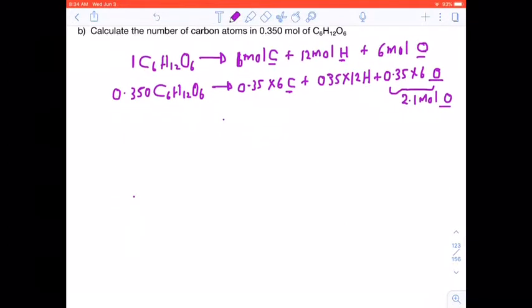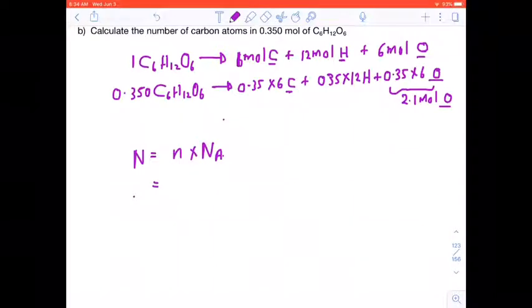Now if we want N, it is equal to small n times the Avogadro's constant. So we want to know 0.35 moles of C6H12O6, how many carbon atoms does it have?